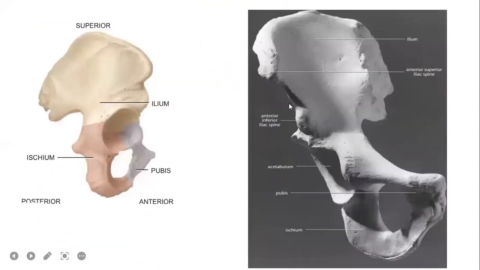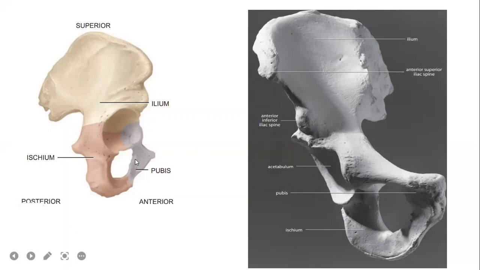These are images showing where the ischium is found. This surface is the ischium. We have the two-thirds contribution of the ischium to the obturator foramen.